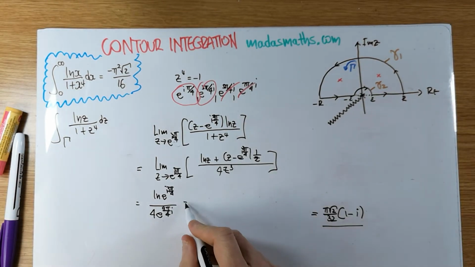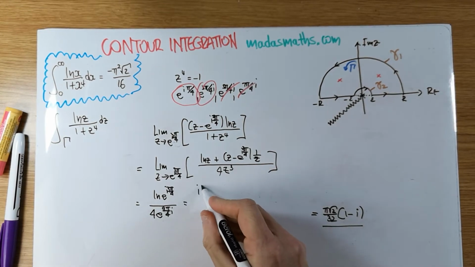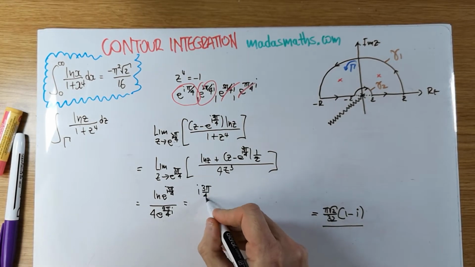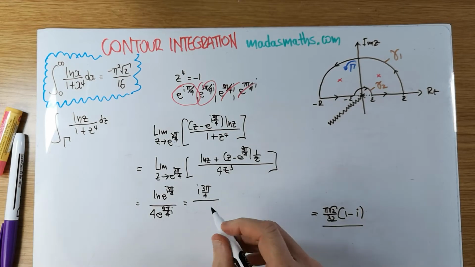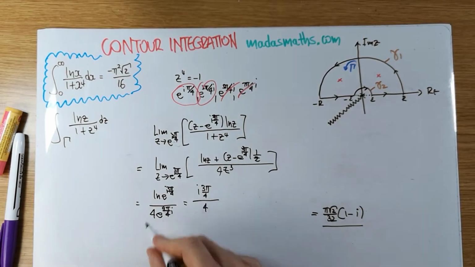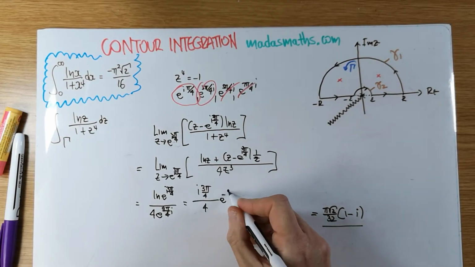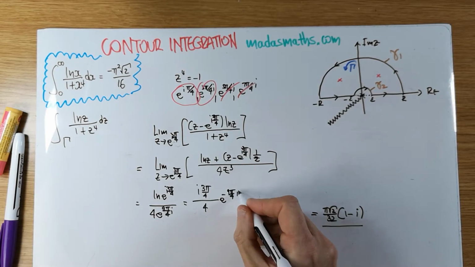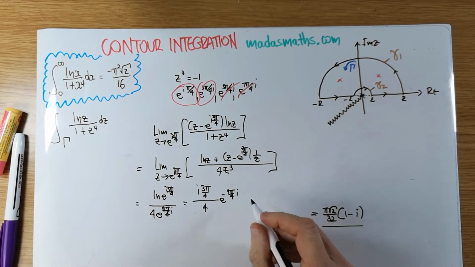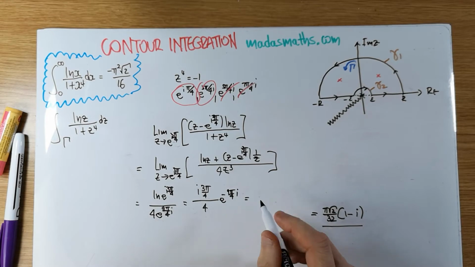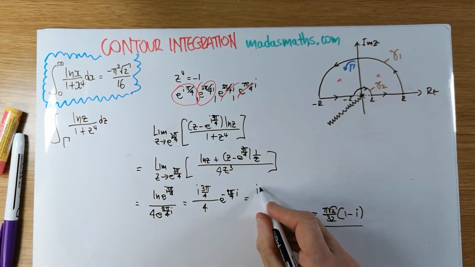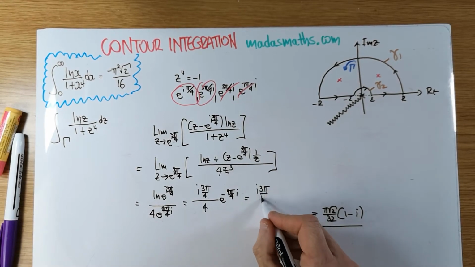So this is equal to i 3 pi over 4. And here I've got 4. This is the quarter from there. e to the minus 9 pi over 4i. And if we write this, it's going to be i 3 pi over 16.